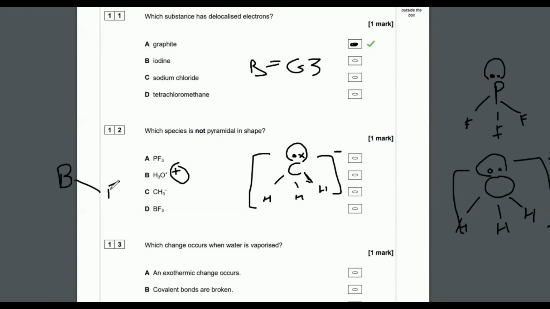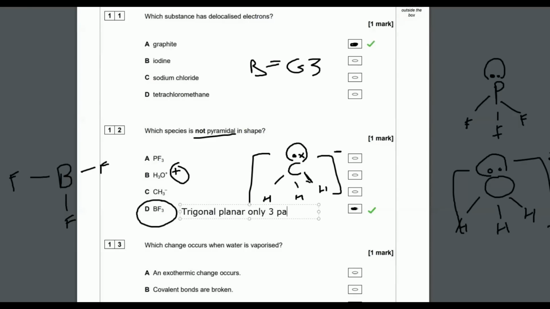Therefore, if you only have 3 electrons, you can only make 3 pairs, and they're all bonded with no lone pairs. You're going to be trigonal planar. And that's the shape of boron trifluoride. And there we go, so that's the answer. That's the only one without a pyramidal shape. It's trigonal planar.